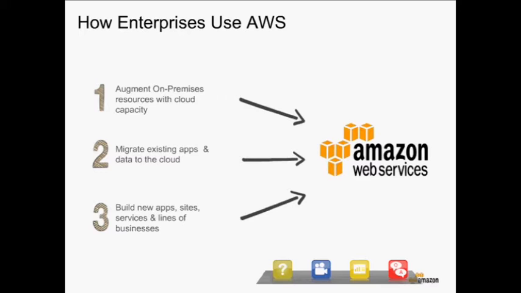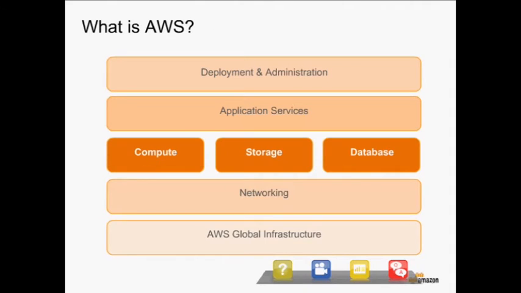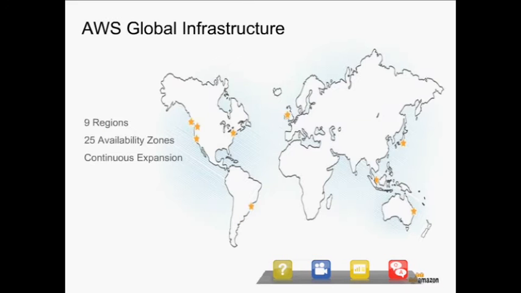As a quick overview, just for a level set, what is AWS? AWS is a set of services that at the core consists of compute, storage, and databases, and is augmented by networking, application services, and deployment and administration built on a global infrastructure. Speaking about global infrastructure, the AWS global infrastructure today exists in 9 regions around the world with 25 availability zones.